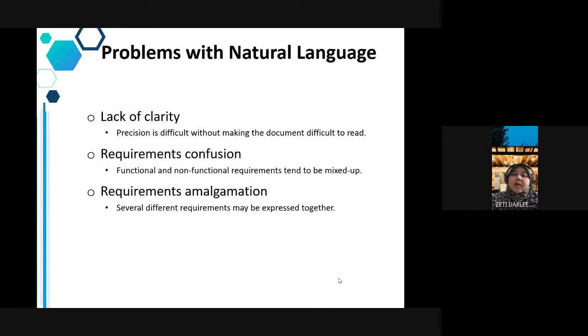However, we do have problems in natural language.